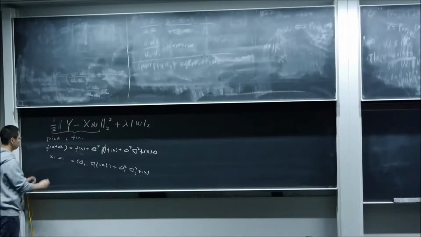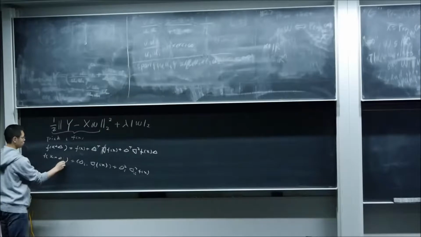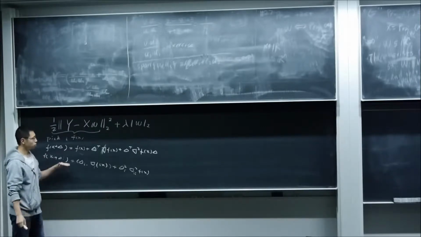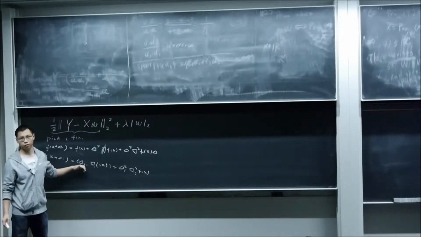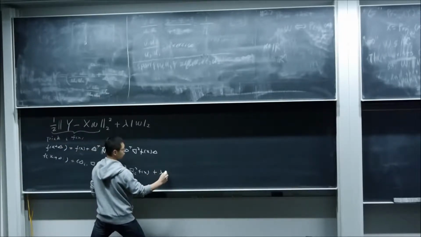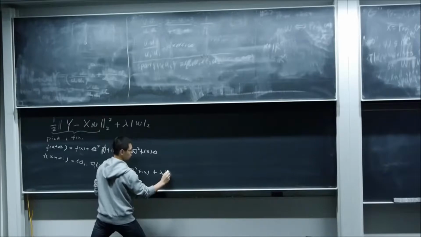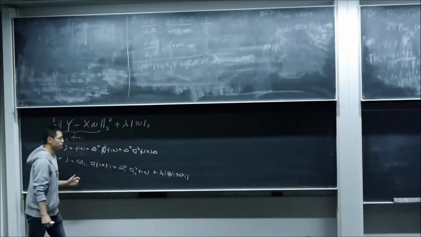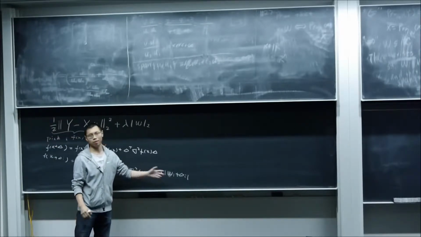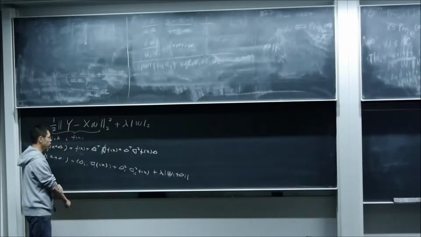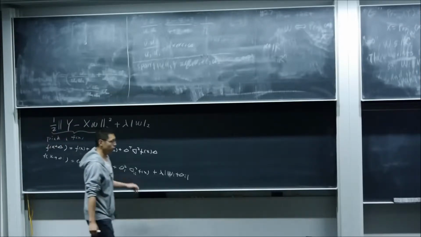Now you want to find the optimal delta i for that coordinate. This is a quadratic term, so you have a closed form solution. The problem is that you have w_i plus delta i here, which makes things a little bit complex, but it's fine because you can easily write it out.